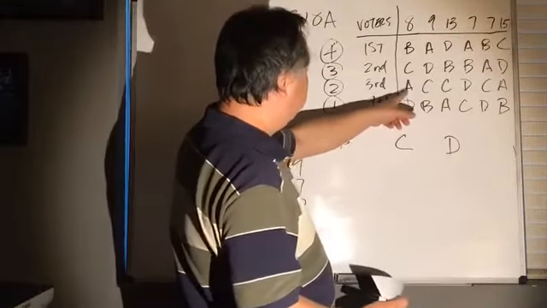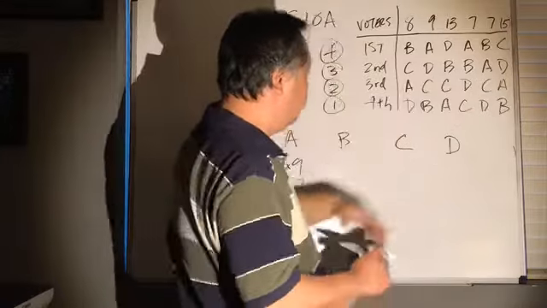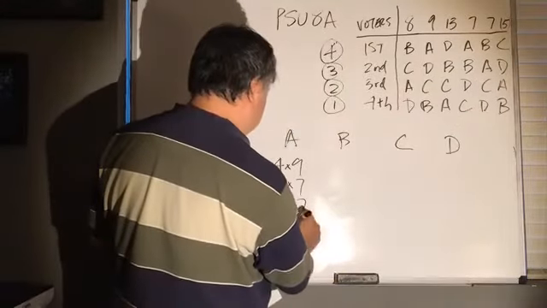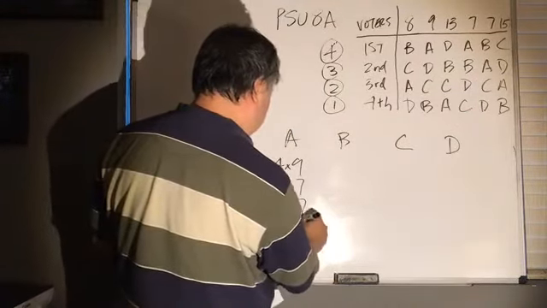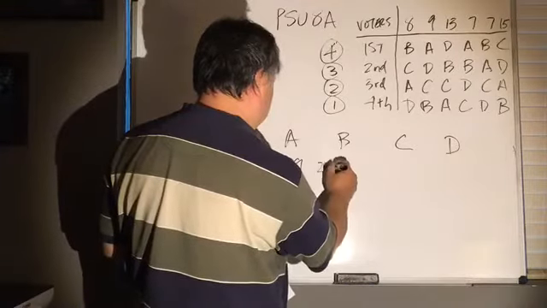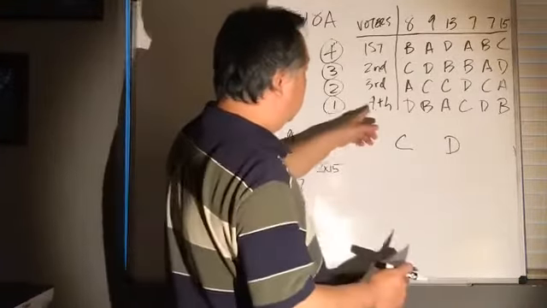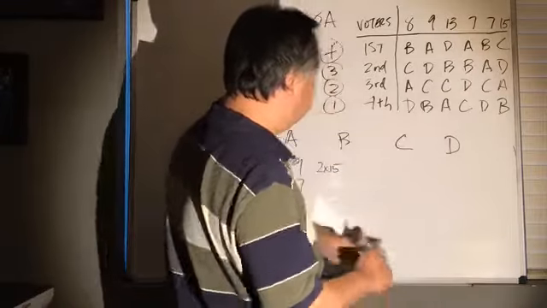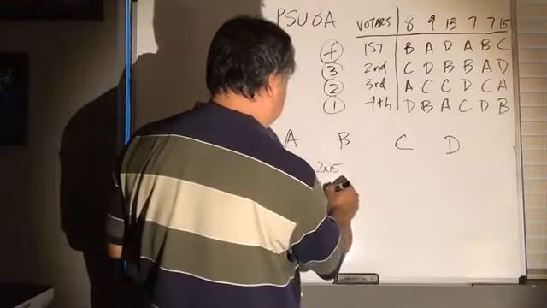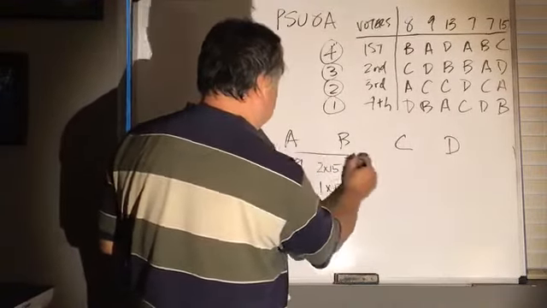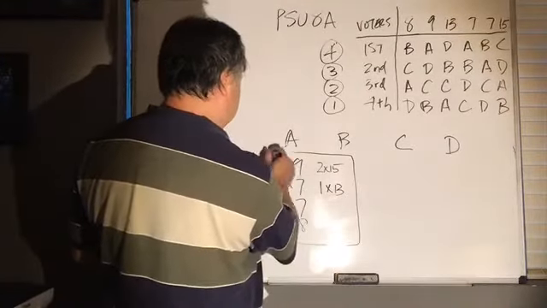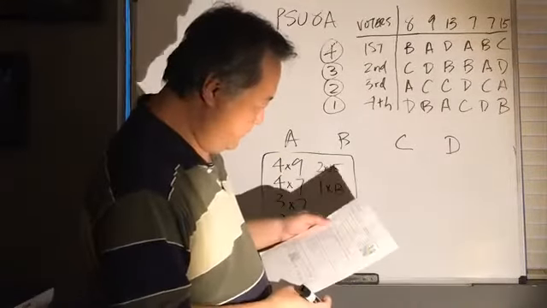And then we got 2 points times 8 and 2 points times 15. And then we got 1 point for 13, 1 times 13. So all these are the points for choice A.